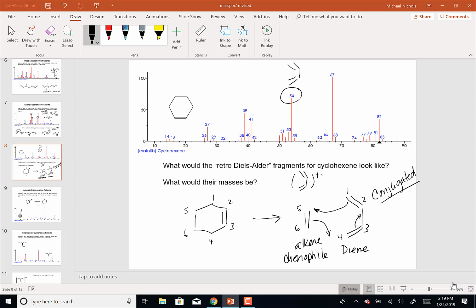There's no CH3 there, so we could become creative. I was creative enough to say, I'm going to break those 2 bonds, and I'm going to lose a CH2, which is a 14 fragment. So that's going to form basically this.